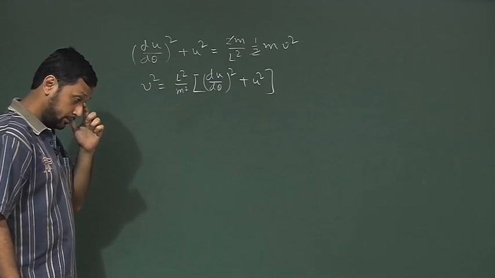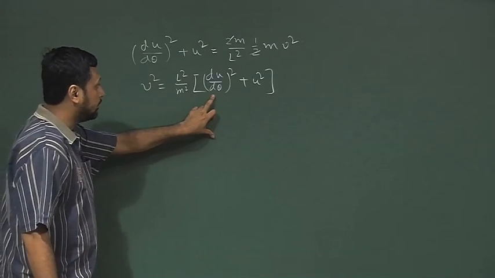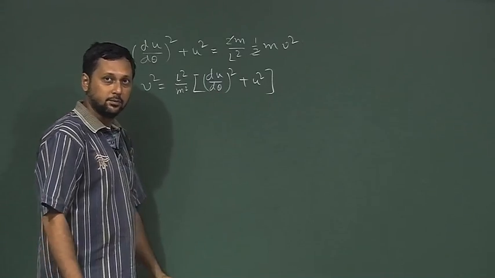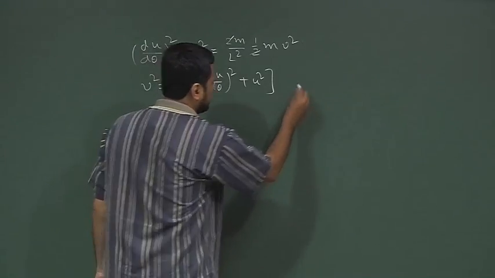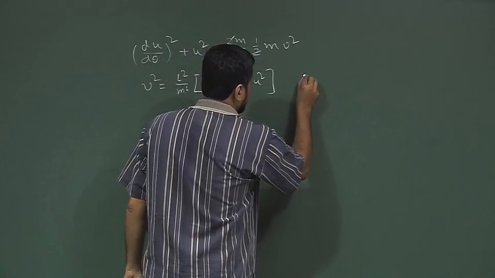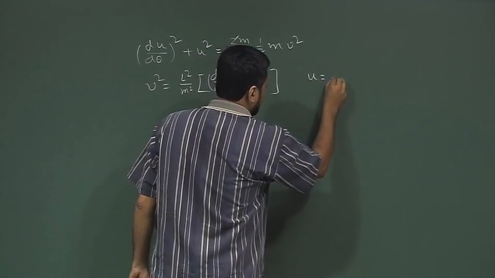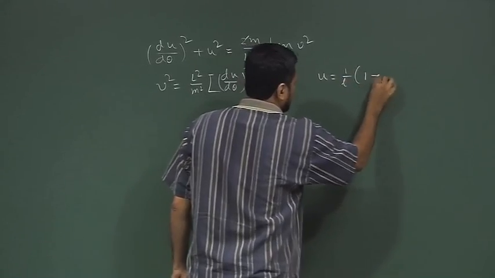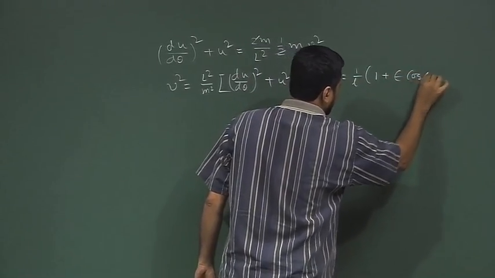Now, we want to see what is the specific form for a conic section. That means, if we consider the inverse square force field, then we know that u equals 1/l (1 + ε cos θ).